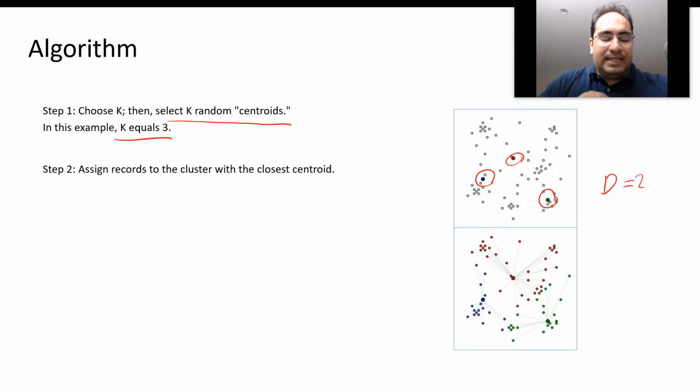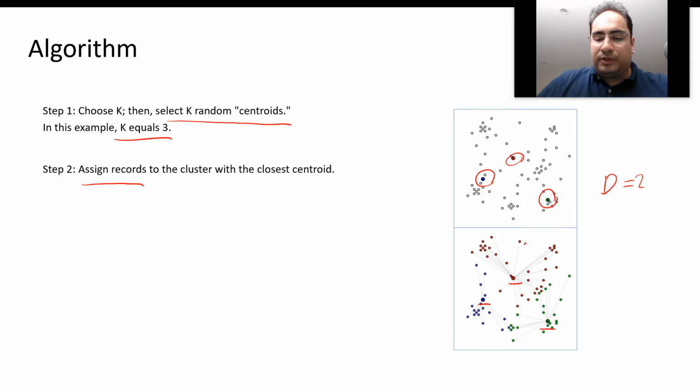So the next step is that it assigns records to the cluster with the closest centroid. So it looks at the data and those centroids and goes over each of these samples and calculates the distance, the similarity between that specific sample and each centroid. And similar to k-means, it tries to assign to each sample a centroid that is very close to that.